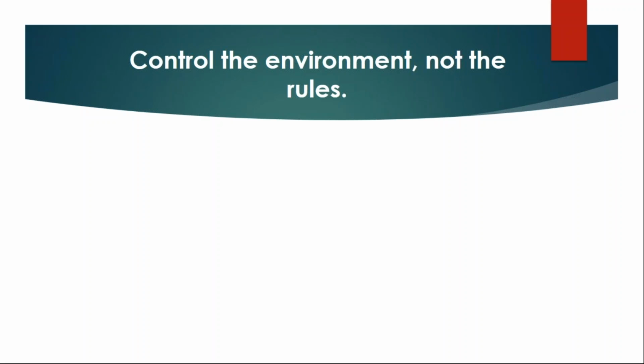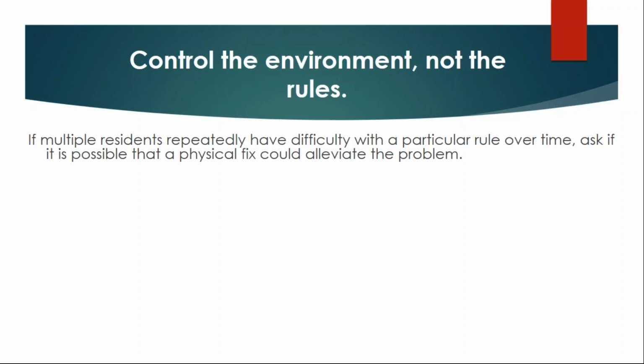And so think about then, to that same end, how we can control the environment, not the rules, right? So for instance, if multiple residents are having difficulty with a particular rule, and in this case, like we said, we're moving away from rules altogether, so we're really talking about communal living concerns and issues.